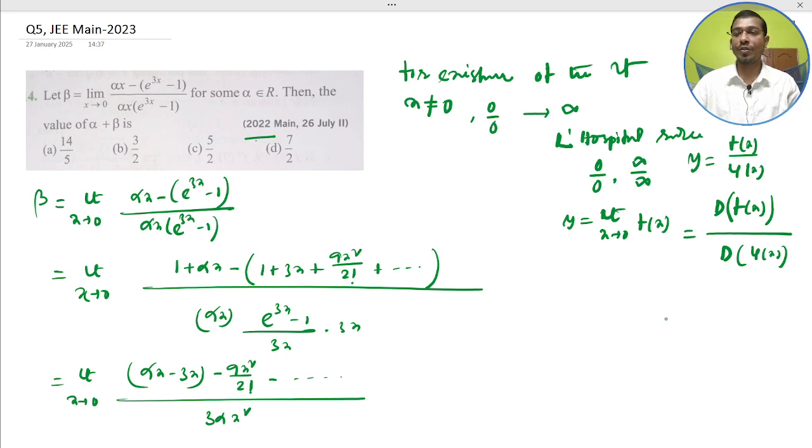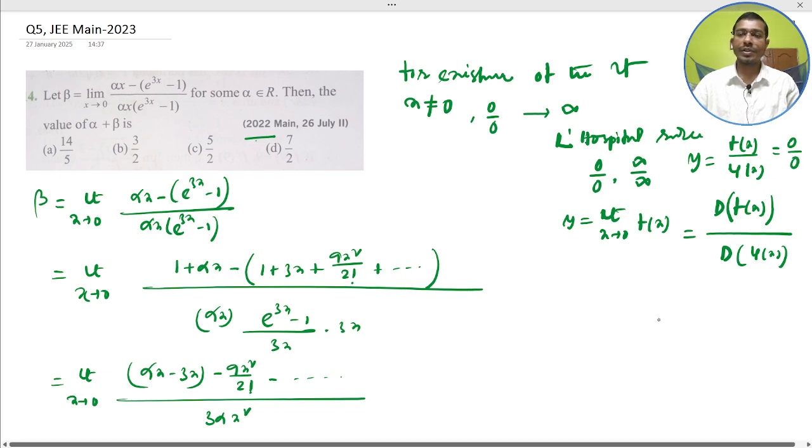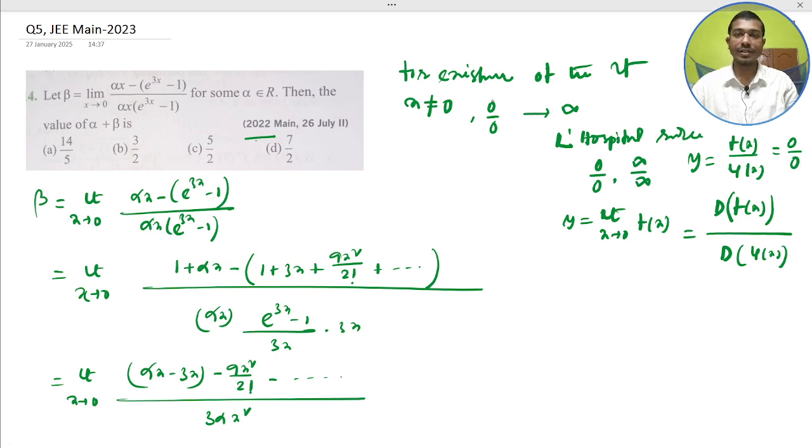For this 0 by 0 form, at x equal to 0, this should be 0 by 0. You just do derivative of both the denominator and the numerator, or otherwise for the existence of the limit, alpha should be 3. So 3x minus 3x should be 0. So by observation of the existence of the limit, alpha should be 3.